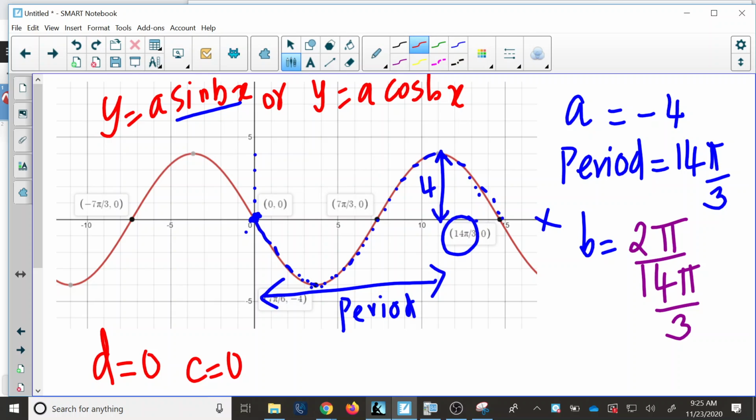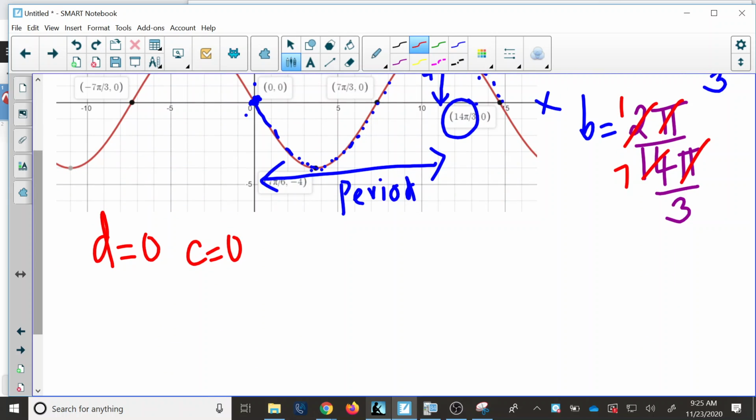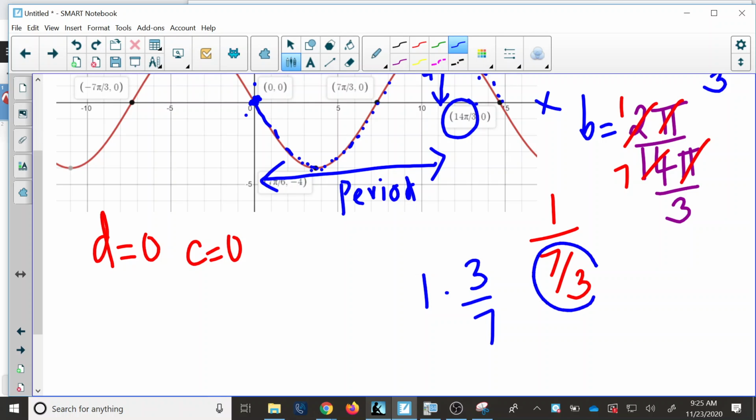I cancel out the pi's, and also simplify 2 and 14, which gives 1 over 7 over 3. Now what I can do is 1 times 3 over 7. I put the reciprocal of the denominator and multiply with the numerator. So 1 times 3 is 3. So B equals 3 over 7.